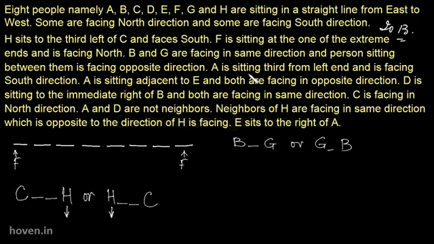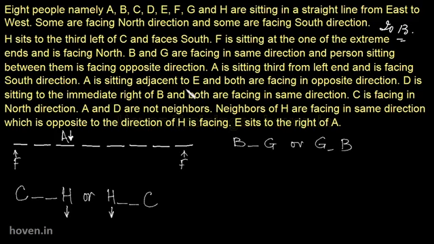A is sitting third from the left end and is facing south. Now this is very concrete. Third from left end and facing south: 1, 2, 3. So A is here, and let us mark its arrow down because this is what we know concretely. This is not known, so I have written it below. Whatever is known and confirmed will be written at the top.